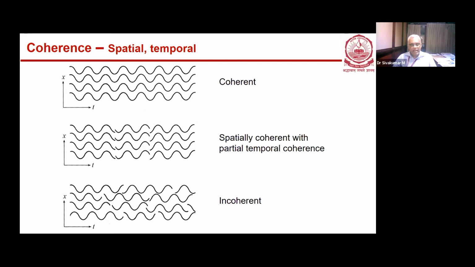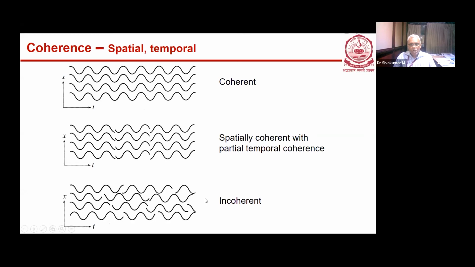After a certain time, there is a discontinuity in these waves, which means these waves are incoherent after a certain time. It will travel from this point to this point, and then at this point the phase will be changed. So it has only partial temporal coherence. It is spatially coherent, but the temporal coherence is limited. Temporal means with respect to time; spatial means with respect to the area. Those are the 2 things.